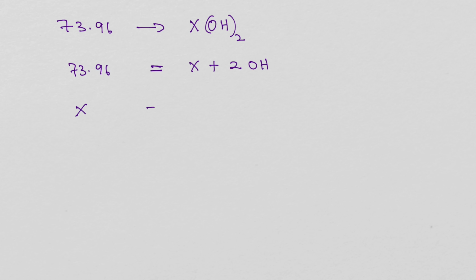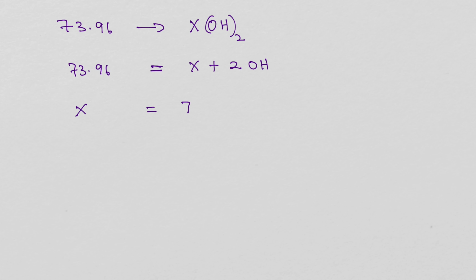Now we've got 73.96 grams per mole gives the mass for the XOH subscript 2. And that implies that X plus 2 OH masses is equal to 73.96. Well, to find the X, all I need to do is take the 2 OHs to the other side.